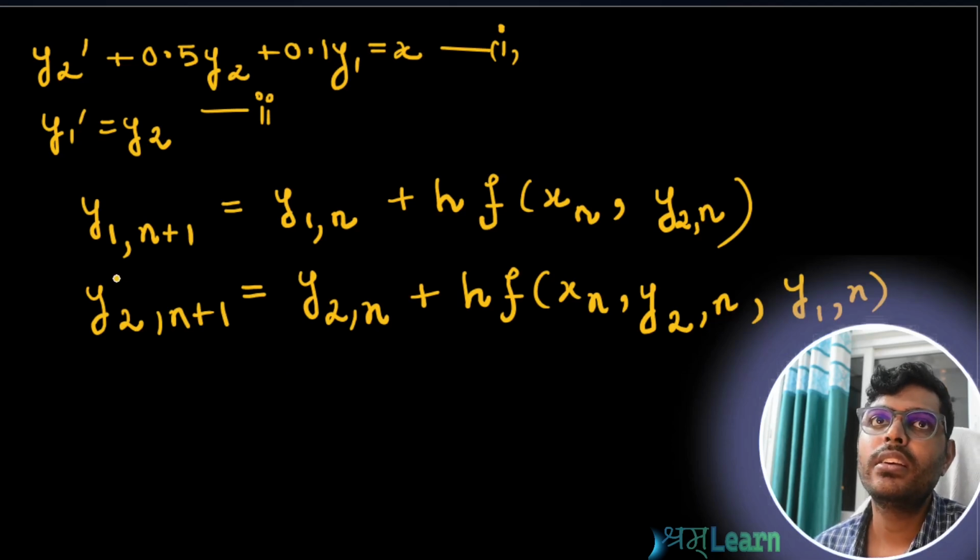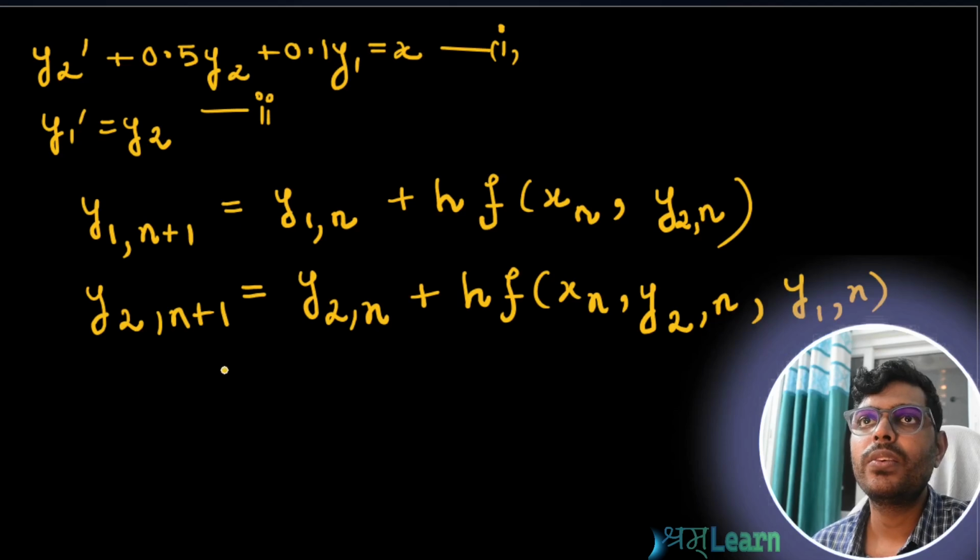Okay, and then what can we do? Can we expand this? Right, no more expansion required. We know these functions. To distinguish, I will call this function 1 and this is function 2, right?